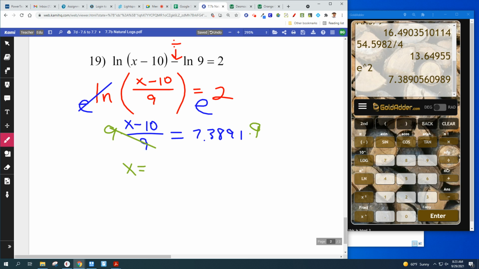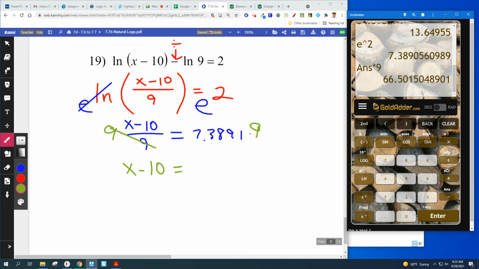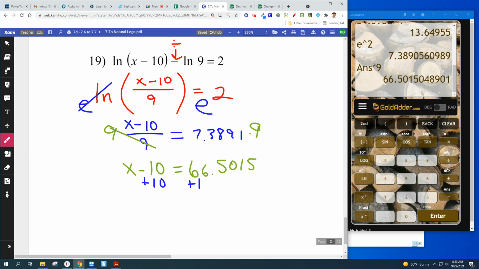X minus 10 is about, and I take that number, it's on my screen, times 9, 66.5015. Last step, what do I do? Add 10, right? We're just trying to solve. We still do the same things we always do. So x is about 76.5015.